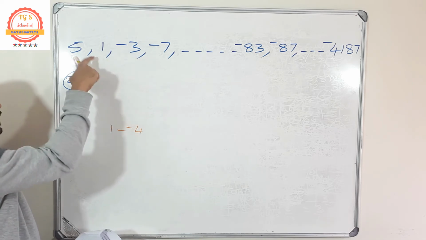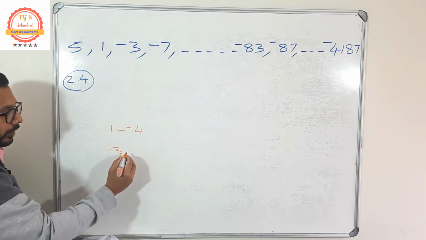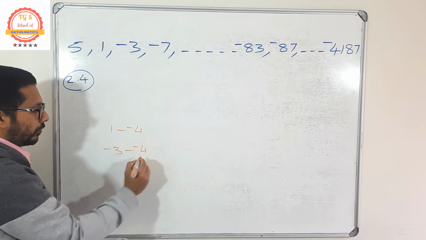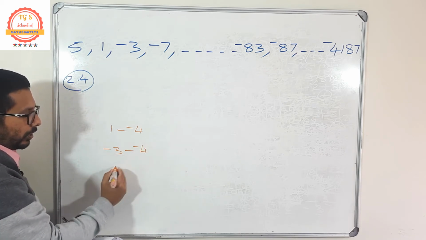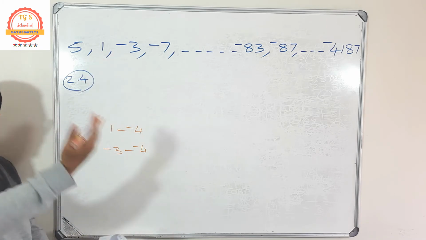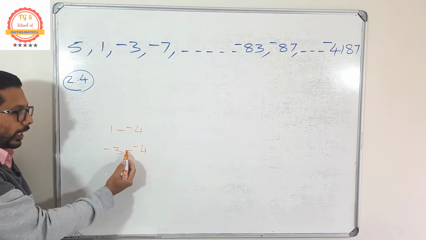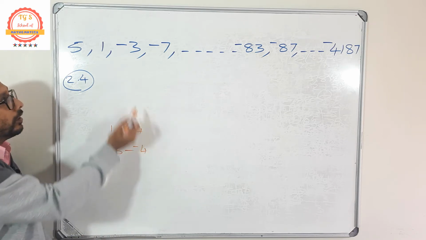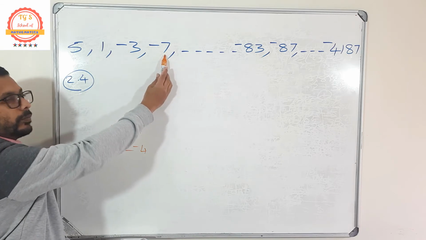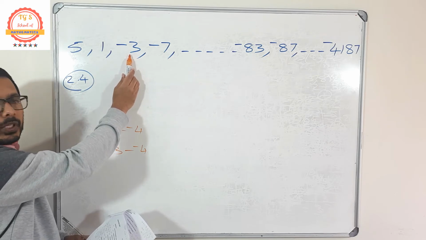How do I get the previous term? That is minus 3, then minus, what is the common difference? Minus 4. That means minus 3 plus 4. Minus 3 plus 4 means it is 1. That means to get the previous term, okay, you have to subtract the common difference. Look at one more example. This fourth term is minus 7. How can I get the third term?